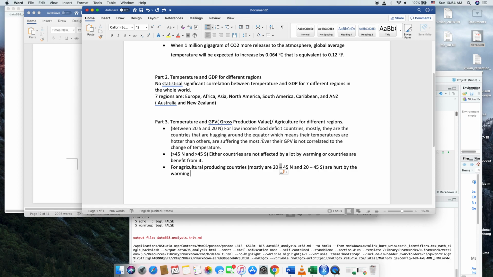So that's why they are the ones suffering the most. But we will see later, with my two other parts, that they'll keep explaining why they're suffering the most. Now for my second part, I'm trying to find those countries that are higher than 45 degrees north and higher than 45 degrees south. Those countries are mostly colder countries, so they don't heavily rely on agriculture because of the cold weather.